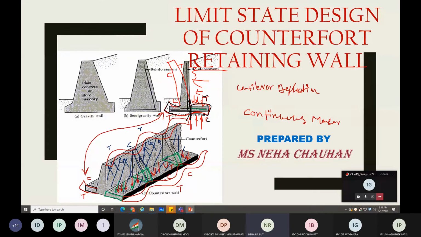So due to the heavy height of the retaining wall, the counterfort member restricts the deflection of your stem part and heel part together, right? So you get good resistance to deflection in the counterfort retaining wall, but not in the cantilever retaining wall. So for more retained height, the preferable design is the counterfort retaining wall.